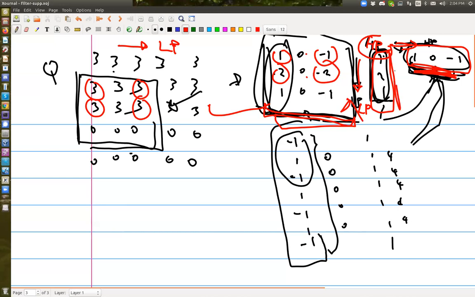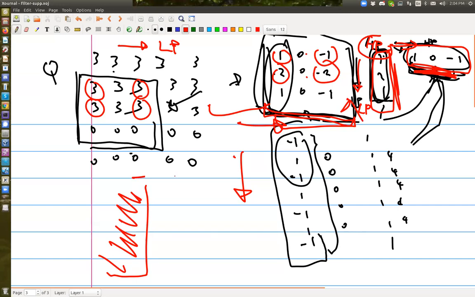If you're doing an average, that is more or less a low pass. So you are doing a low pass in one direction and high pass in the other direction, and it basically catches vertical edges in this case, because with vertical edges you have a high frequency component in the horizontal direction but a low frequency component in the vertical direction.